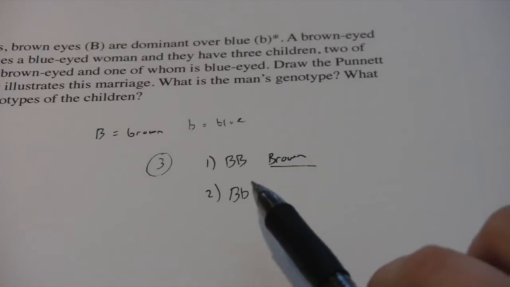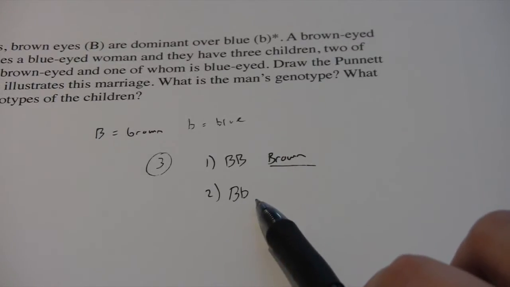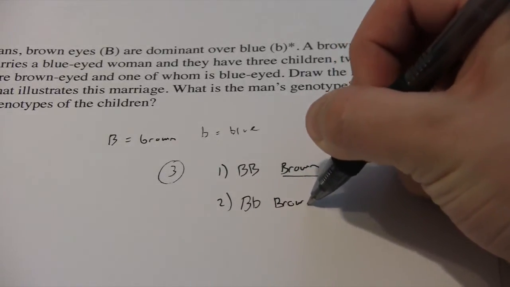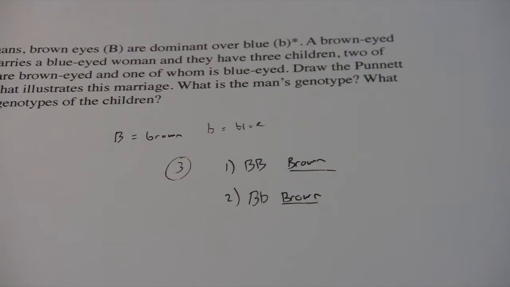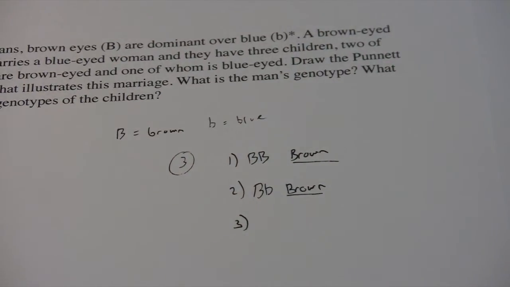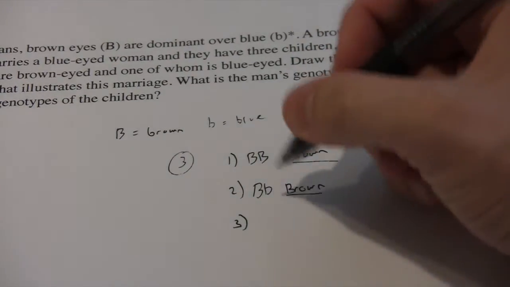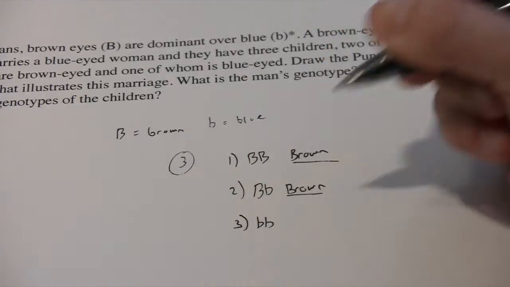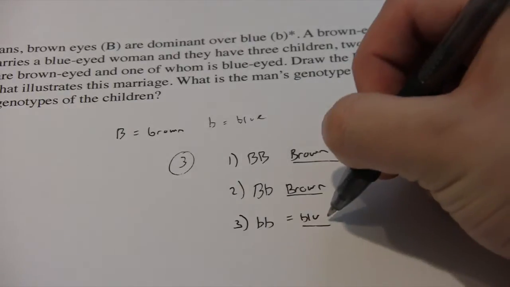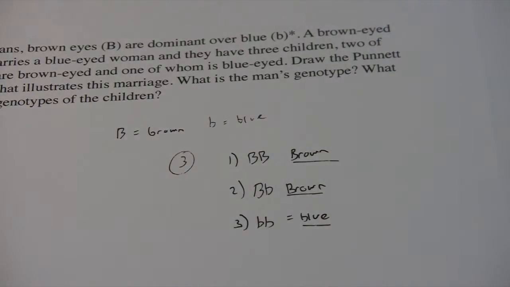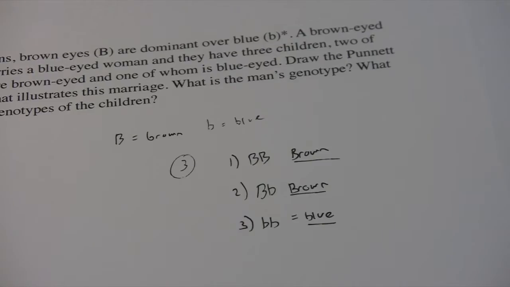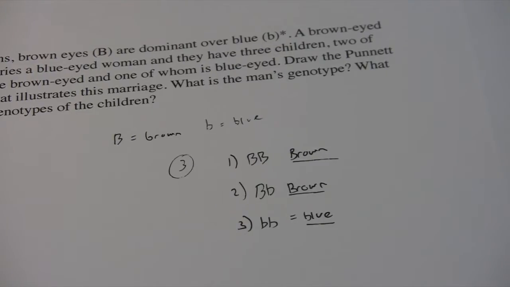And since the brown-eyed allele is dominant over the blue-eyed allele, that would result also in brown eyes. The third possible combination, and final one for this problem, you can probably figure it out by now, is the homozygous recessive genotype, which would result in blue eyes. So that would be the lowercase b, lowercase b. So those are the 3 possible genotypes that can result.